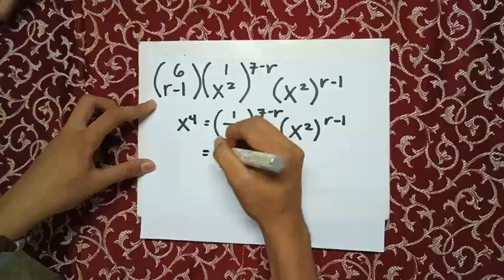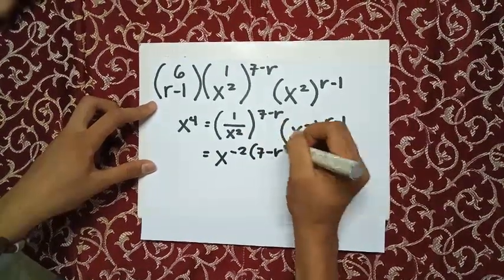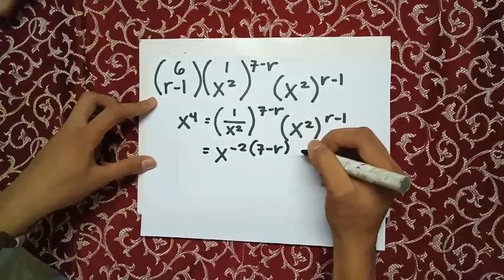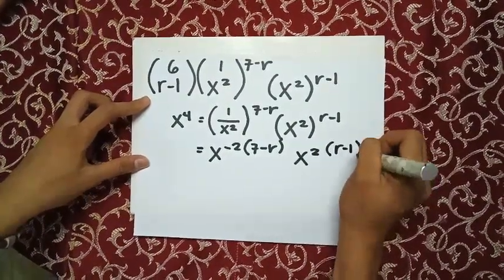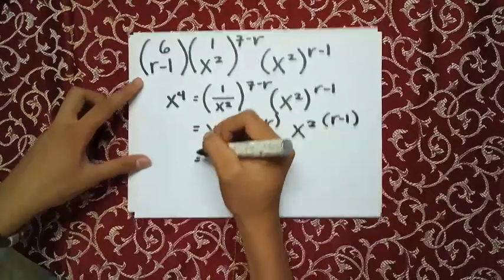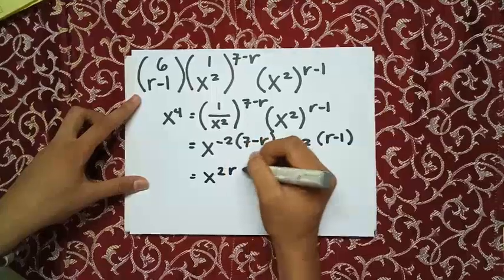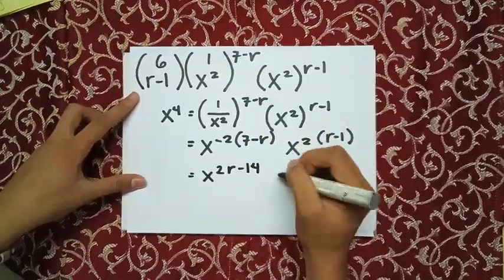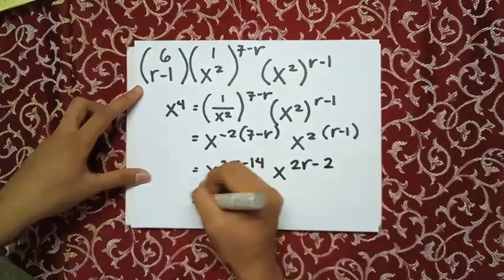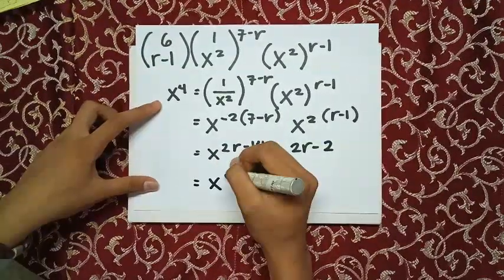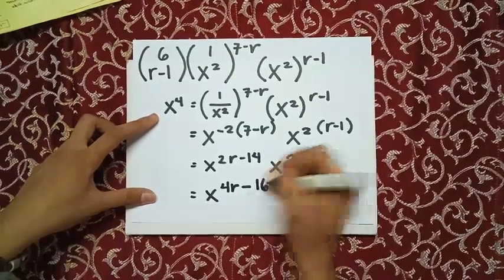Evaluating the problem, x raised to negative 2 times 7 minus R, x raised to 2 times R minus 1. x raised to 2R minus 14 times x raised to 2R minus 2. And we will get x raised to 4R minus 16.